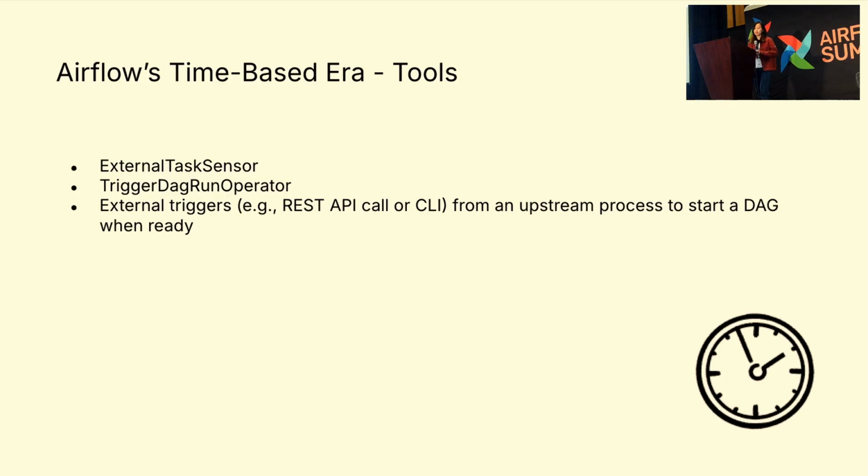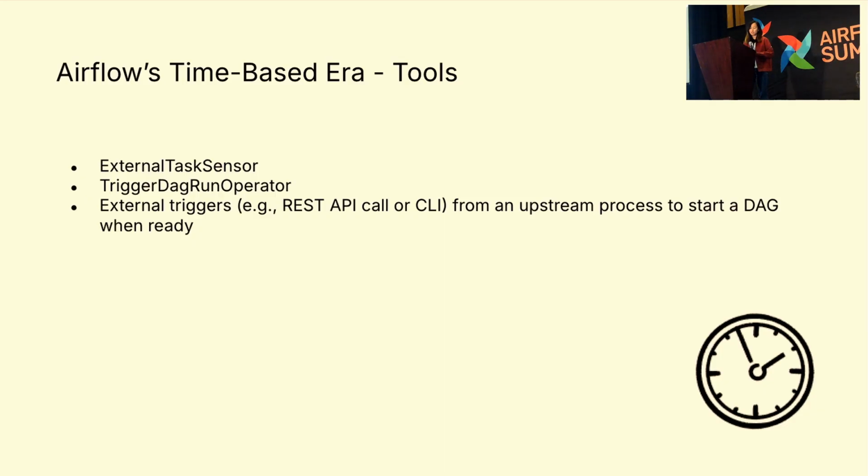Diving a little bit deeper into the tools we have in addition to the cron scheduler, we often have sensors, operators, or external API triggers used in conjunction with the cron scheduler. Sensors require the downstream DAG to still schedule periodically, and then wait, sometimes for a very long time, for the upstream to complete, and then we know we are ready to run our DAG.